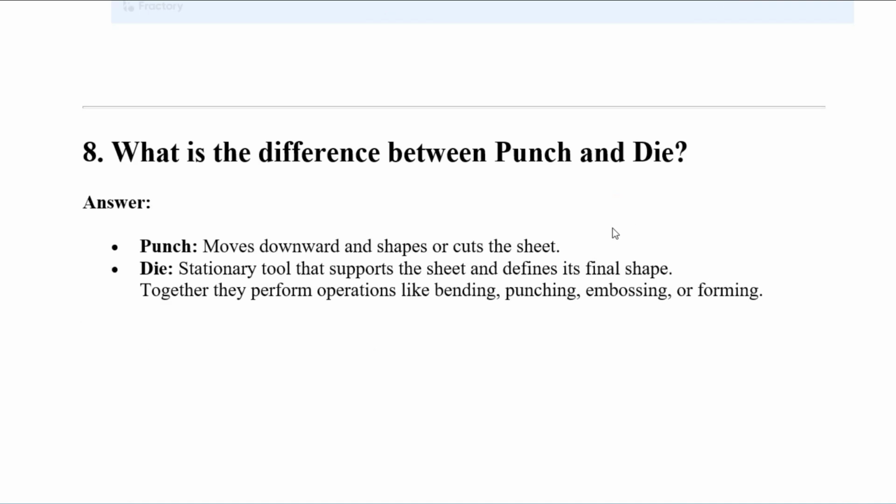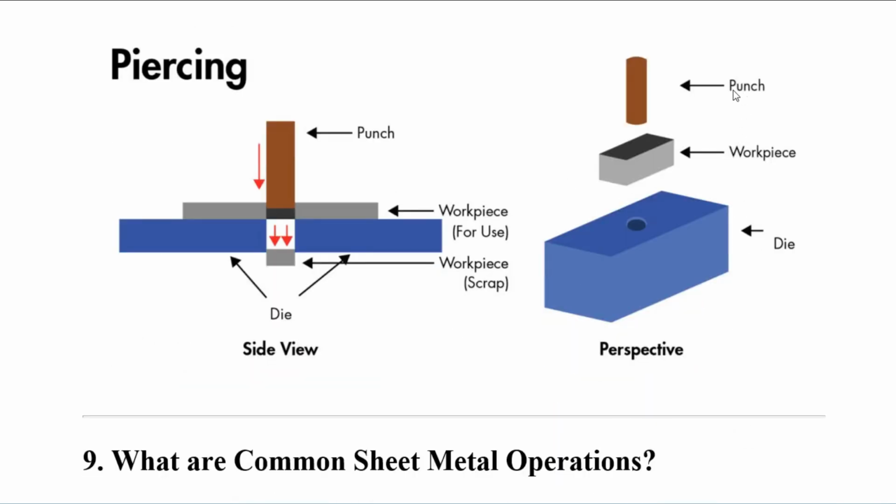So what is the difference between the punch and die? You can see this image. This one is the punch and this one is the die, and between the punch and die we keep the workpiece or sheet. We force the punch, and from the die we get the proper shape.